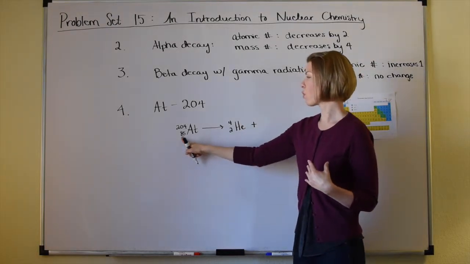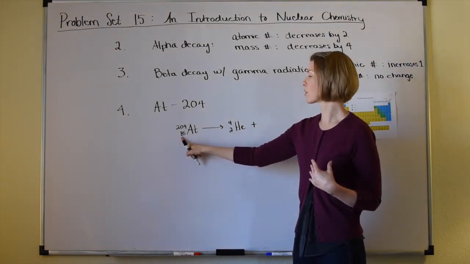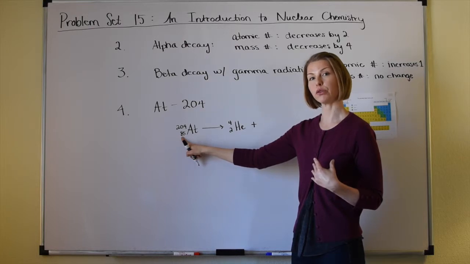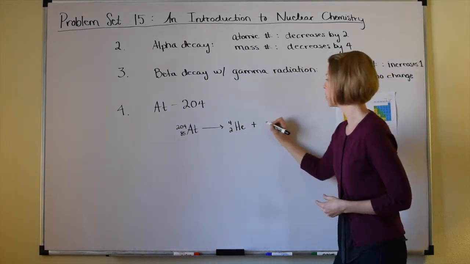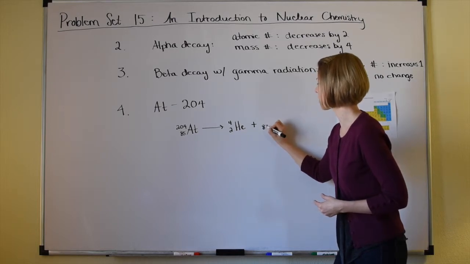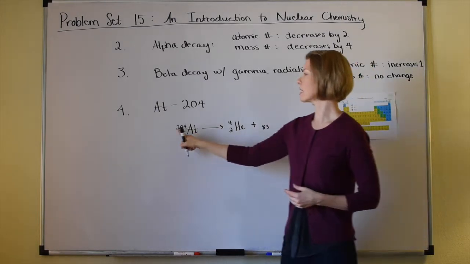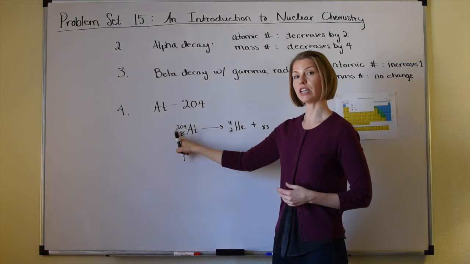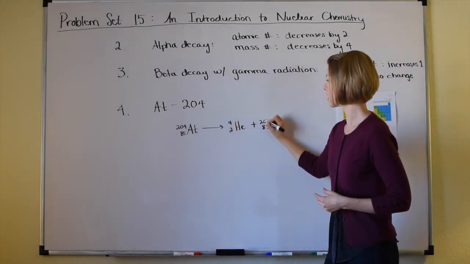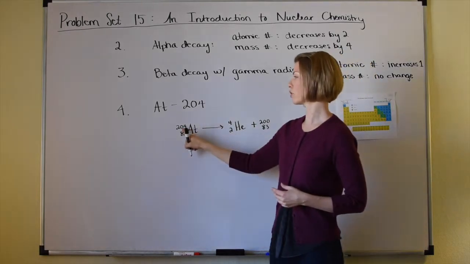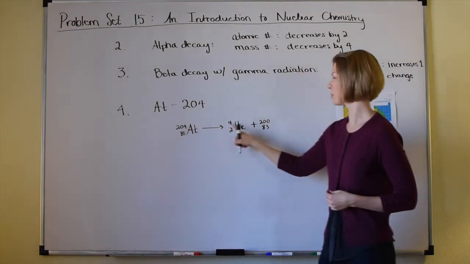Well, the new element formed is going to have an atomic number that has decreased by 2 because of the loss of those 2 protons in that alpha particle. So the new atomic number is 83. The new mass number for that new element formed is going to be 200. It lost 2 protons and 2 neutrons, so the mass number decreases by 4.